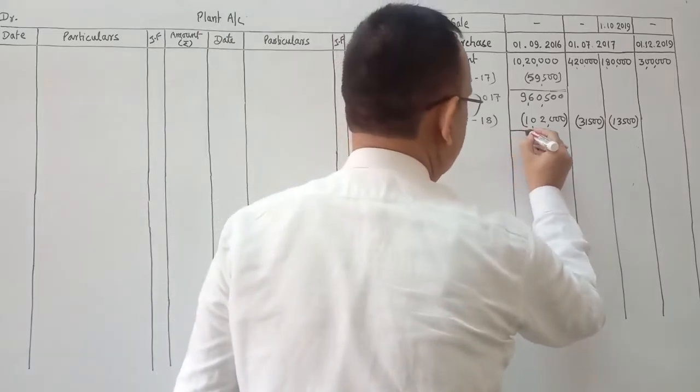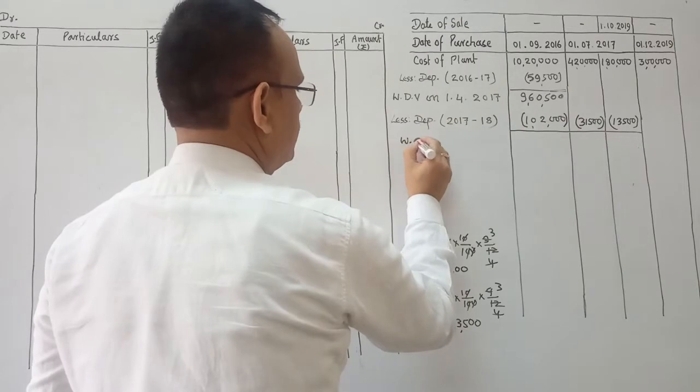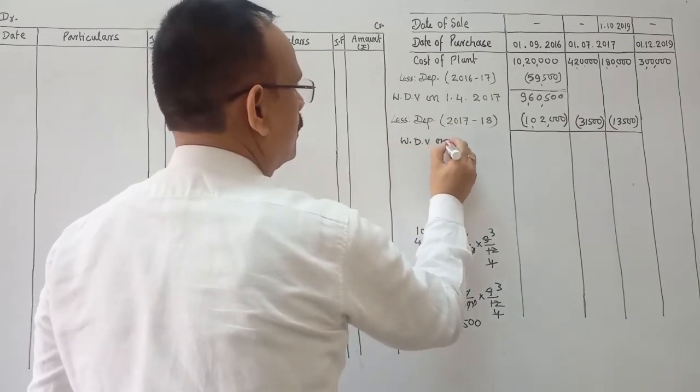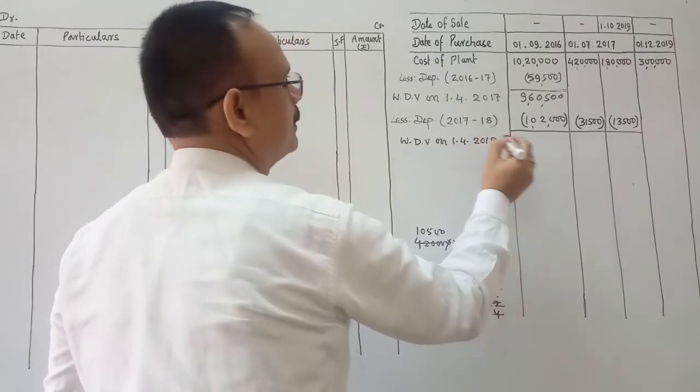So we will find out the written down value on 1st April 2018.